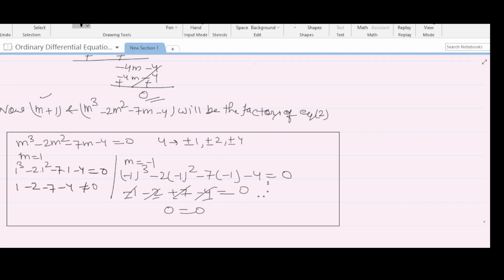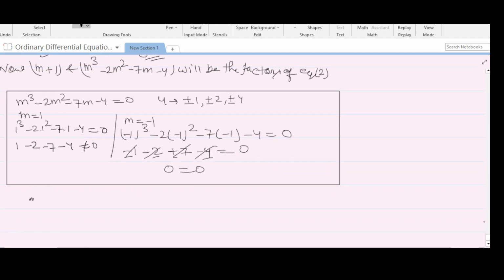That means m equal to minus 1 will be the root of this cubic equation, m cube minus 2m square minus 7m minus 4.